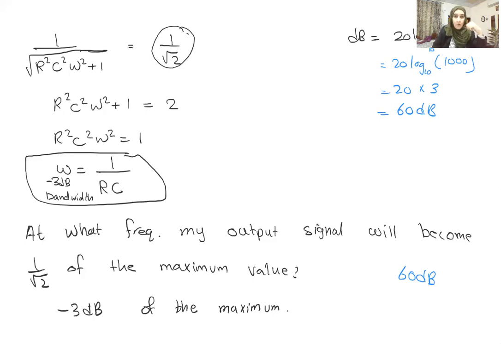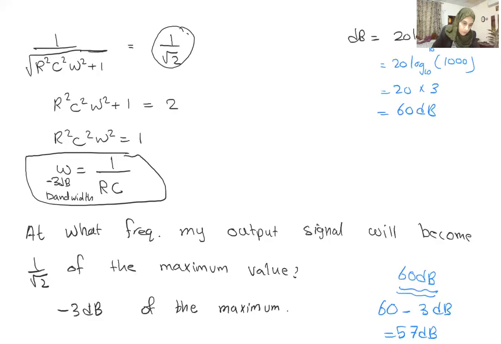Now, where do we find the bandwidth? At the frequency where my gain becomes 60 minus 3 dB, which is 57 dB. At what frequency will my gain be 57 dB? This is going to be called the 3 dB bandwidth of my amplifier. Okay.